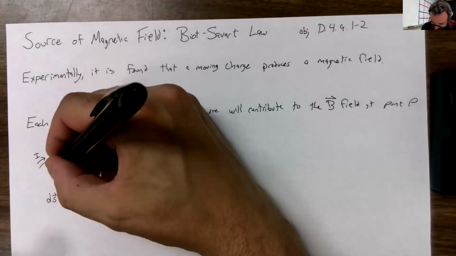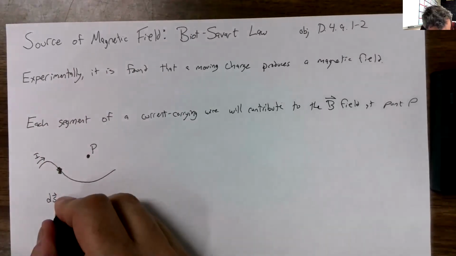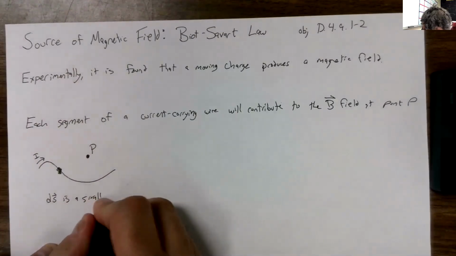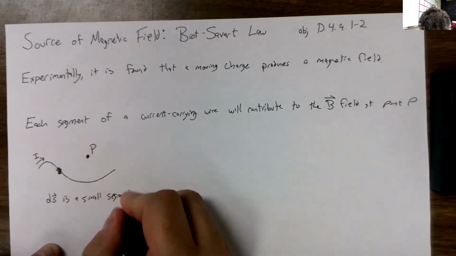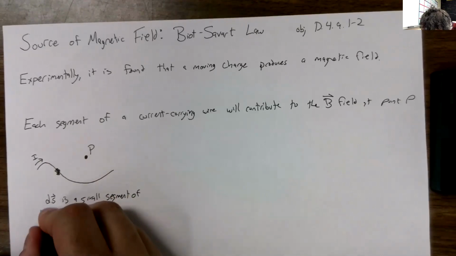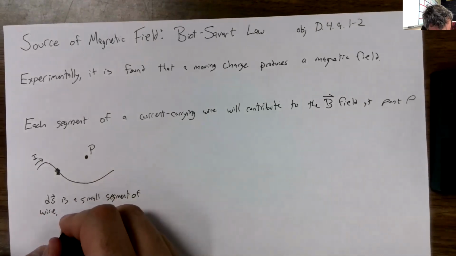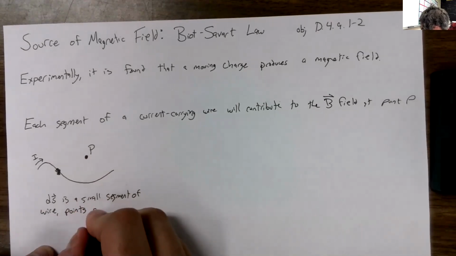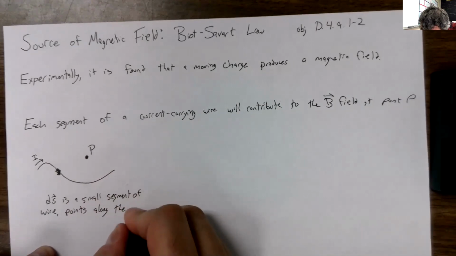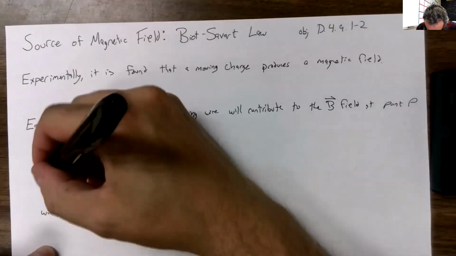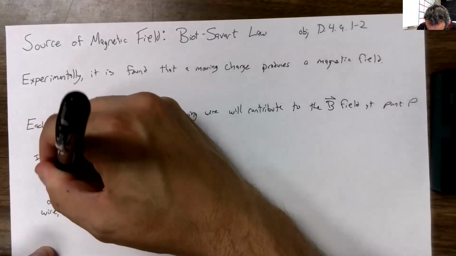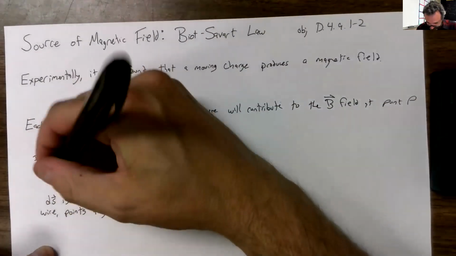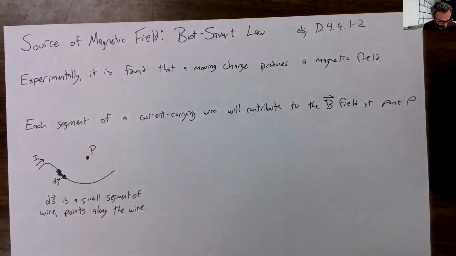Right, and its length is this infinitesimally small length of the segment. It points along the wire. So let me draw that better. That's an arrow. That's ds, our length along the wire.